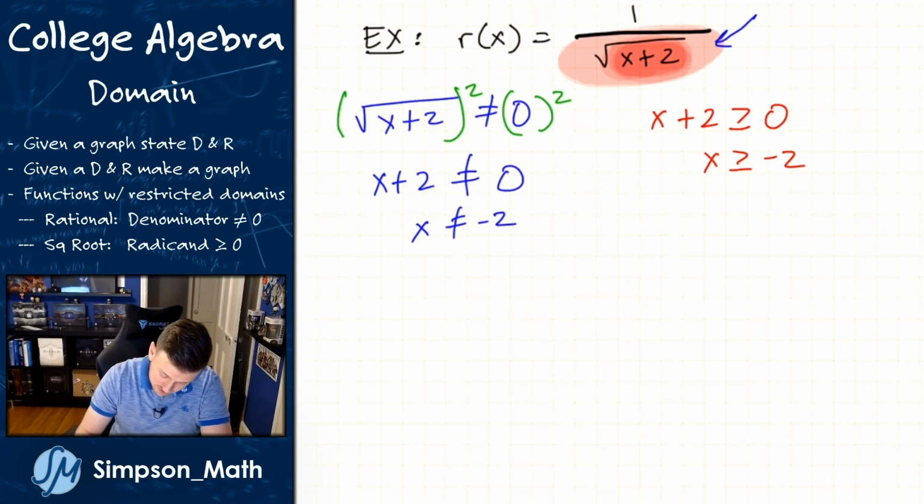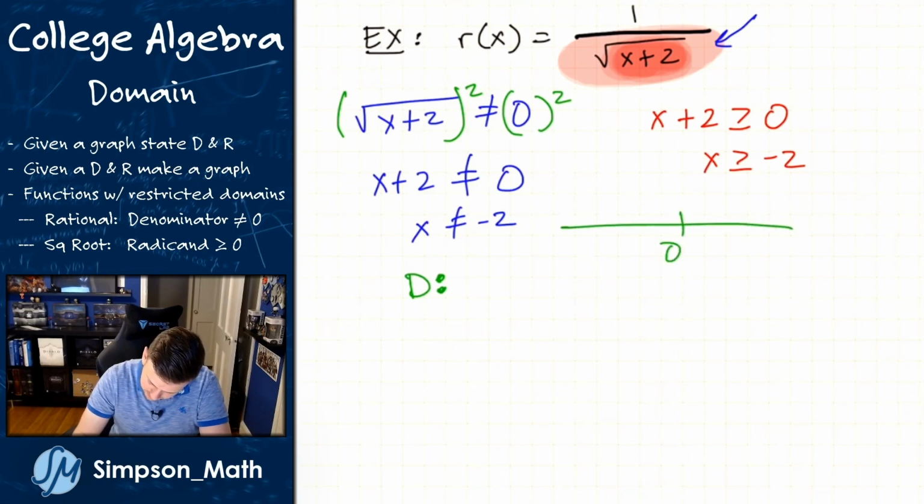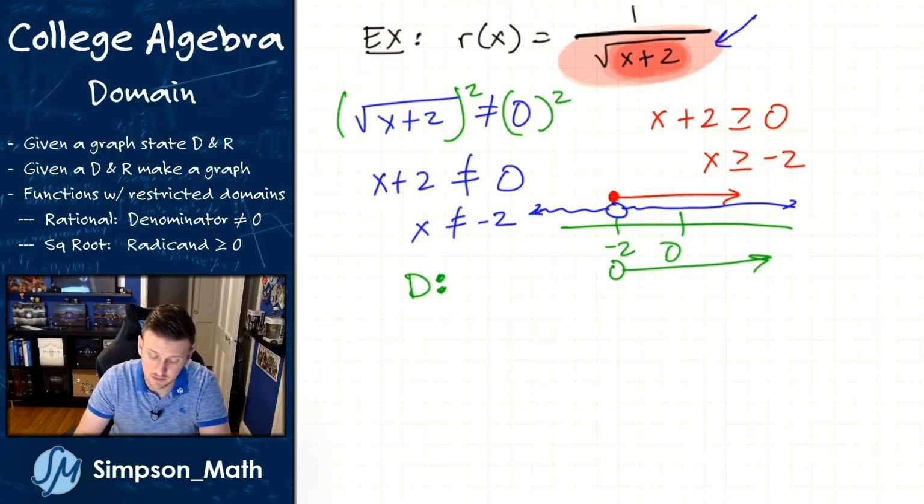So let's do our domain. Let me draw up the number line again. So here's 0. Here's -2. One person said solid dot, greater than. The other person was like, I'm good with everything, just not here. So then where do they agree? Well, they agree with an open circle at -2 to infinity.